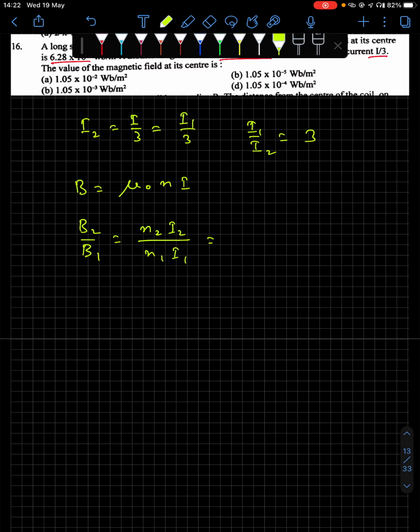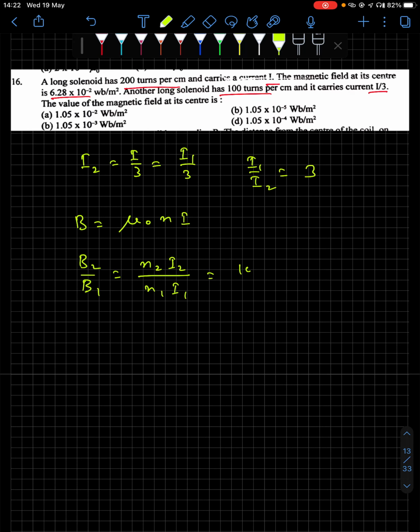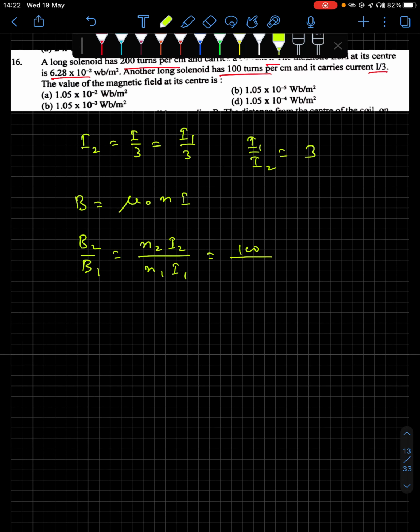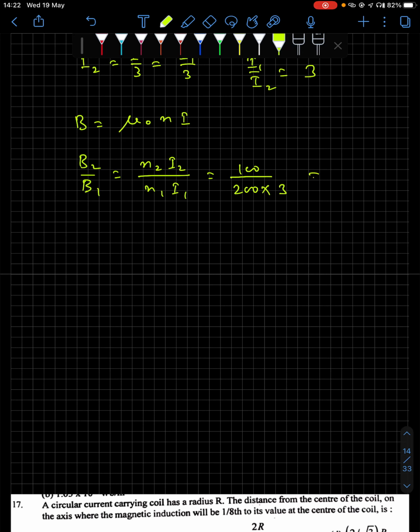So N2 value is 100 and N1 value is 200, and I2 by I1 is 1 by 3, right? So you have 3 in the denominator, so this is like 1 by 6. So B2 is B1 by 6.